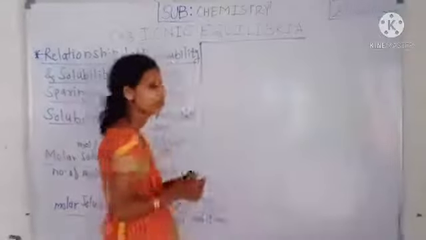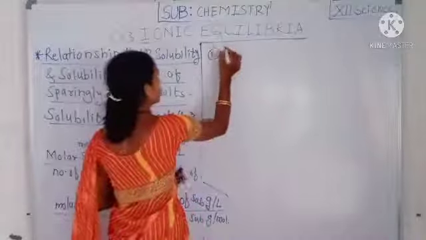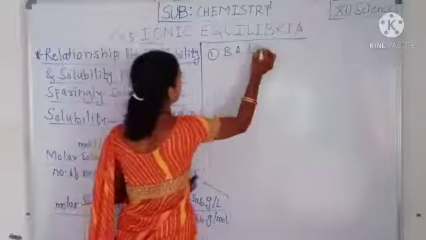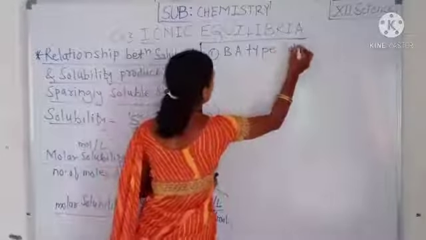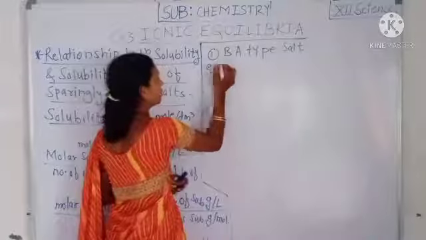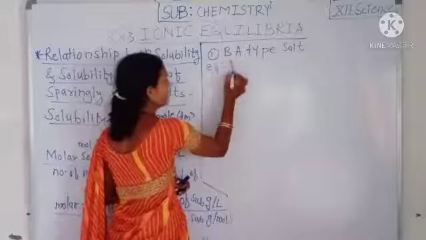First of all, the salt of BA type. An example of that BA type salt is AgBr.